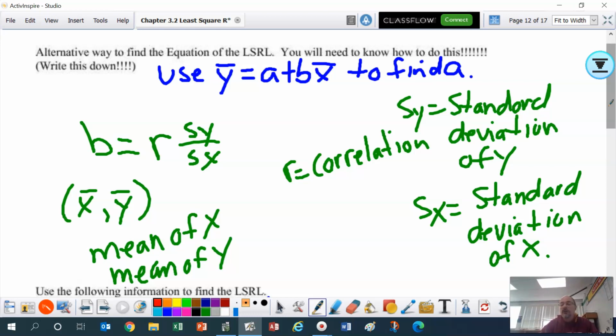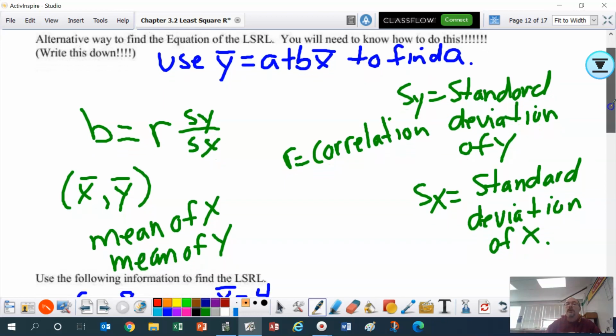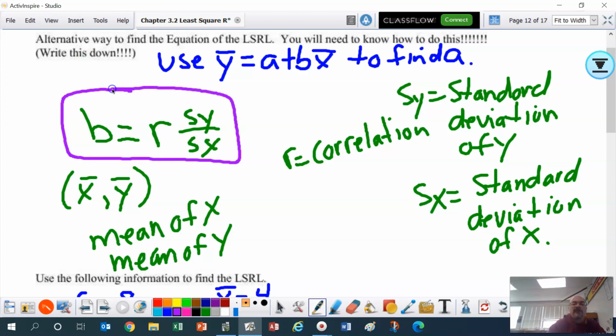So what we're going to do here, ladies and gentlemen, is we're going to be given some information. We're not going to be given all of the data. We're going to be given pieces of it. So this right here is a formula to find the slope. B equals R, R is the correlation, times S sub Y over S sub X. S sub Y is the standard deviation of Y, and S sub X is the standard deviation of X. Remember, X is your explanatory, Y is your response.